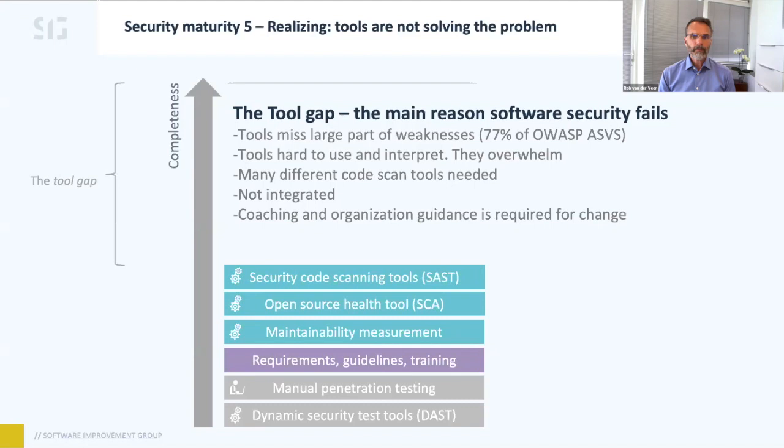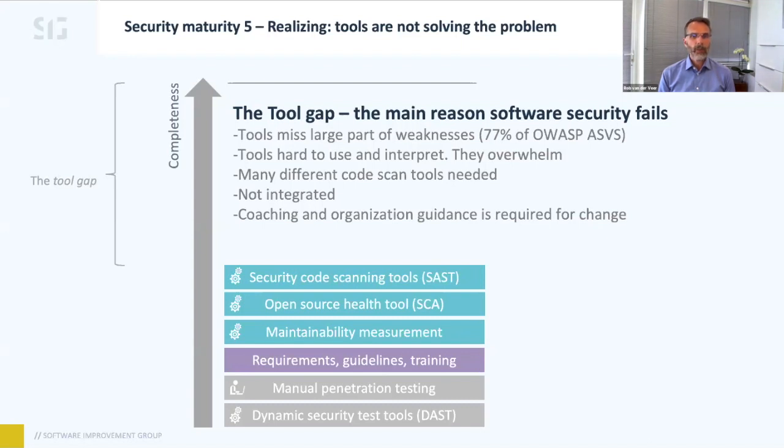And with using these tools, but also with making the actual organization change, because we're not talking about just implementing some tools, we're talking about organization change. They require coaching, and the organization requires guidance in how to control this whole process and this change. So this is what we call the tool gap.